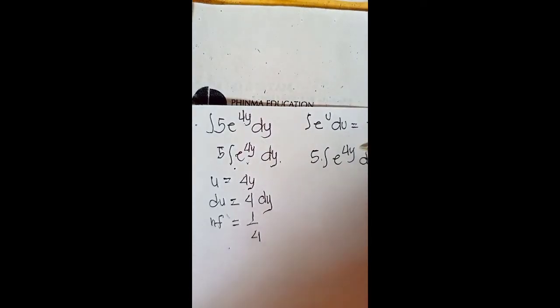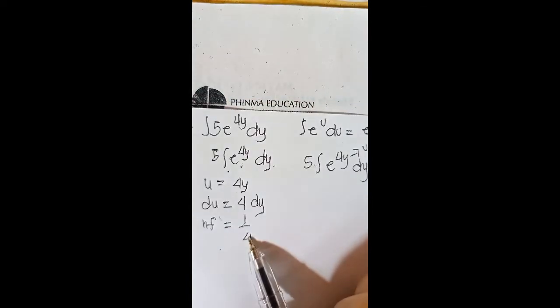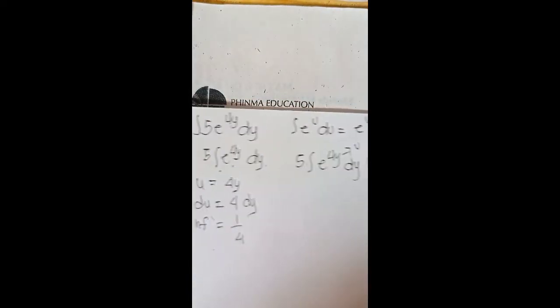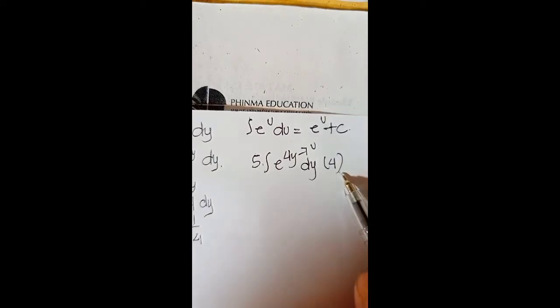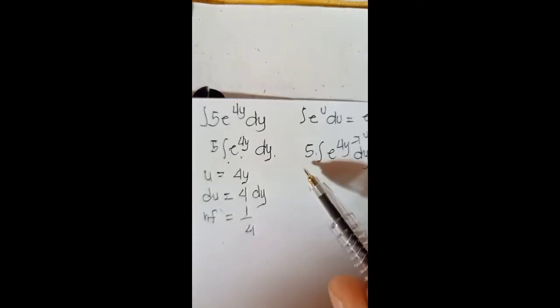So our u is 4y and our du is equal to 4 dy. Since we have the multiplying factor 1/4, we can multiply by the reciprocal of 4 outside of the integral.